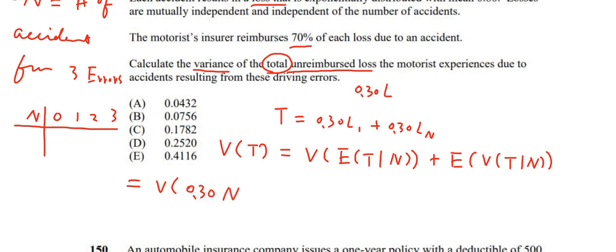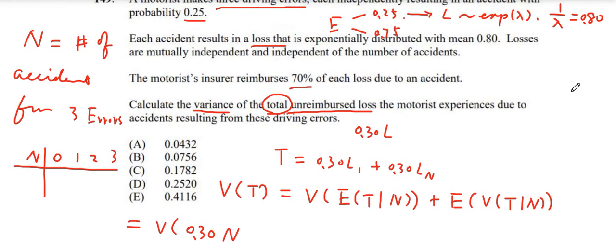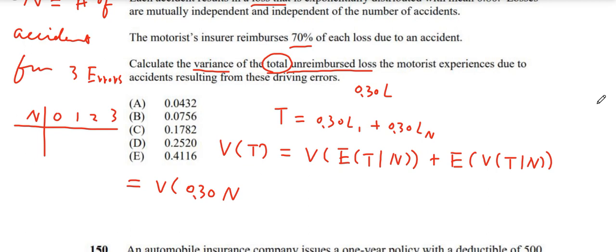N, right? N L. For each loss, the mean is a point A. So this is multiplied by point A, right? Okay, so plus EV.